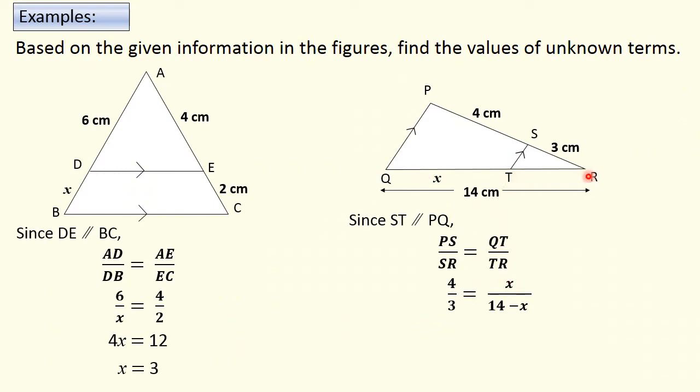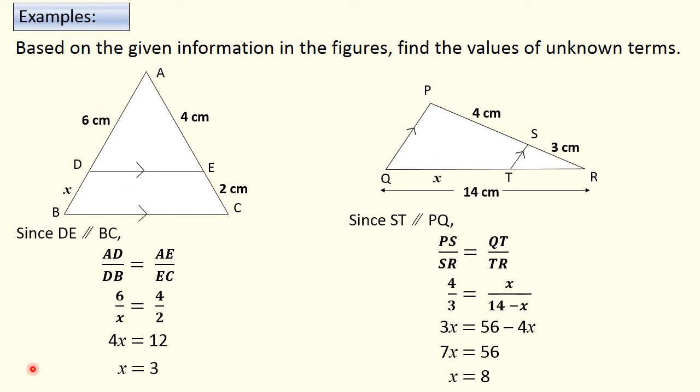TR is not given directly, so we can obtain that value. The total length QR is 14 and QT is x, therefore TR is 14 minus x. So 4 over 3 equals x over 14 minus x. By cross multiplying, 3x equals 56 minus 4x. So 7x equals 56, meaning x equals 8 centimeters.